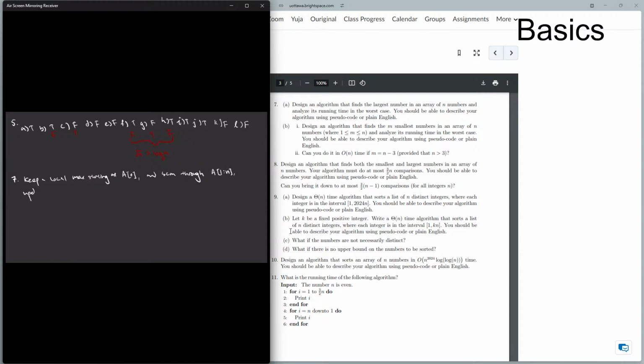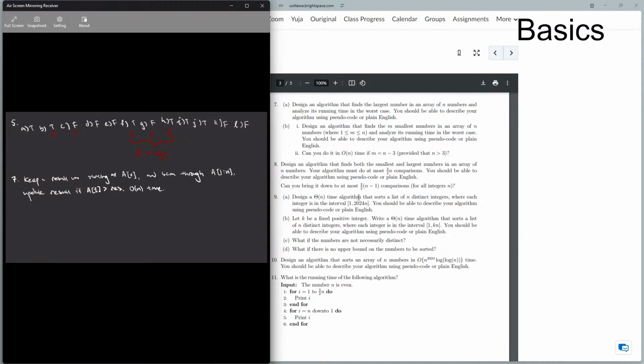Update local max if a at I is greater than, actually no, keep a result variable, so if A at I is greater than result, update result. That's O of n time.